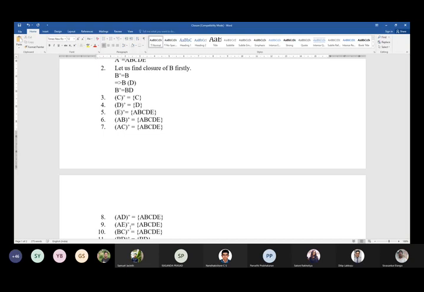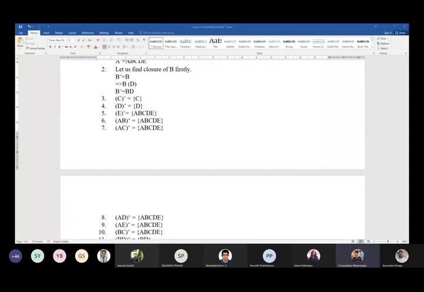Right. So now you can check with BC, BD, BC closure, BD closure, BE closure, and so on. So rest everything other than BD closure will be ABCD all. So you have done it?